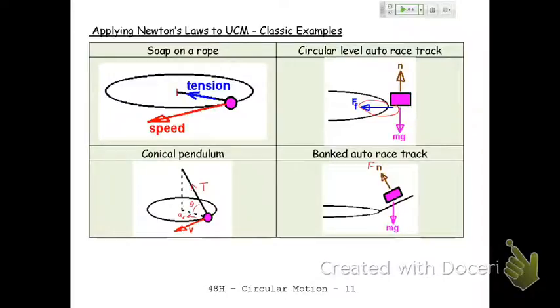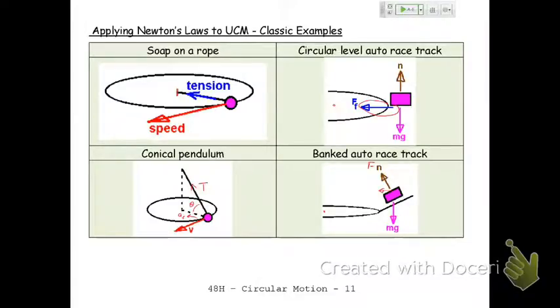And again, we've always got to use the sum of the forces horizontally equals ma. So remember, you always go in the direction of the acceleration, and you say the sum of the forces equals ma. In every case, the centripetal acceleration is pointing towards the middle or the axis of the circle.